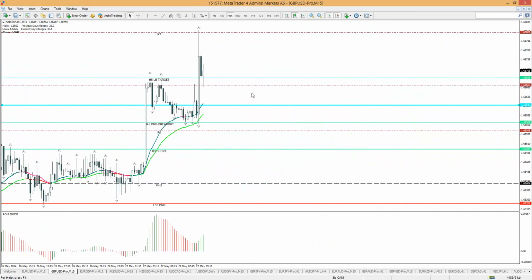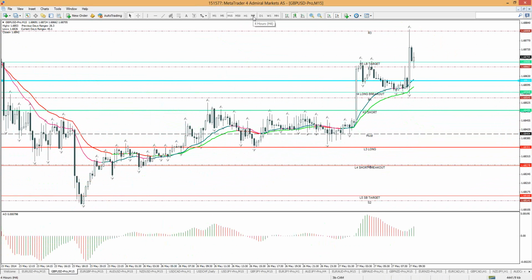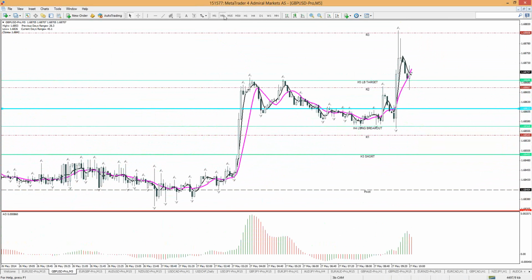Let's take a look at the 15 again, and now at the 5. There's a bit of divergence between these tops, so we could see some consolidation because of that.